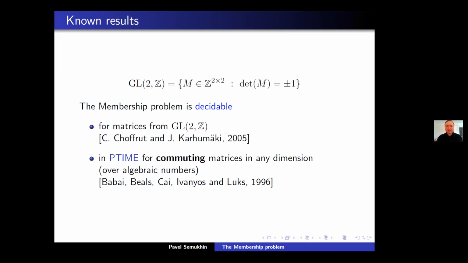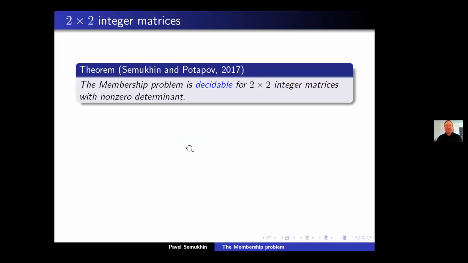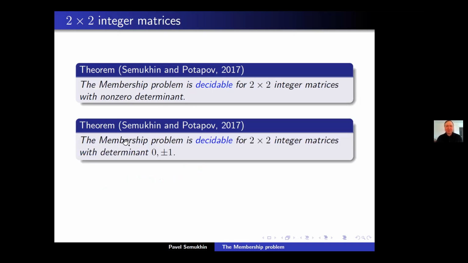And so in our recent work, we extended this result for GL2Z to a larger class of matrices. Namely, we proved that the membership problem is decidable for all 2 by 2 integer matrices with non-zero determinant. And we also have another result which says that the membership problem is decidable for 2 by 2 integer matrices with determinant 0, 1 and minus 1.